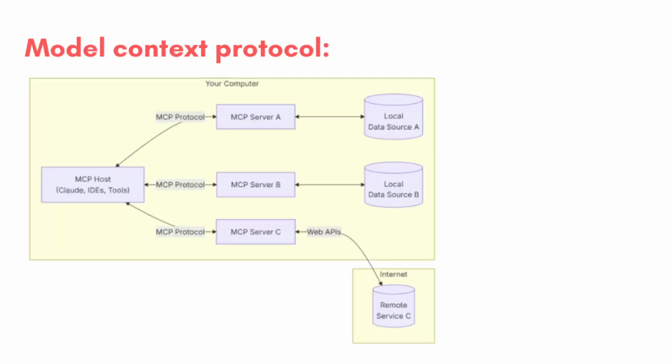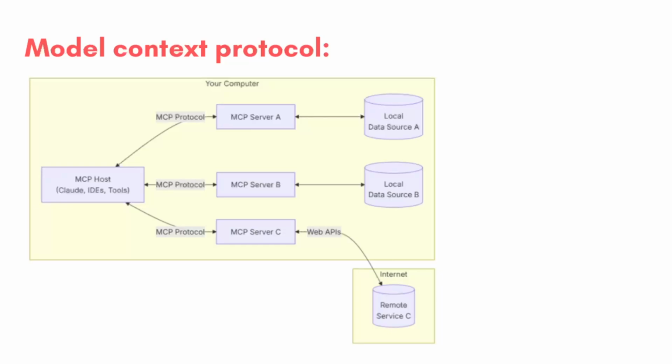So I'm a very visual person, so it maybe helps to look at it like this. So you have an MCP host, which can be Claude, which can be Cursor, the AI coding editor, or Windsurf. They all have the ability to use MCP.